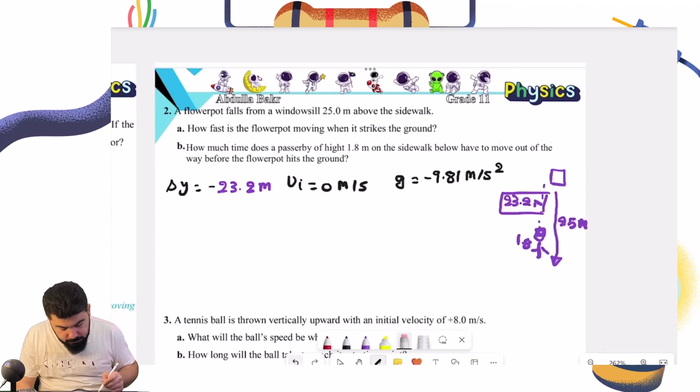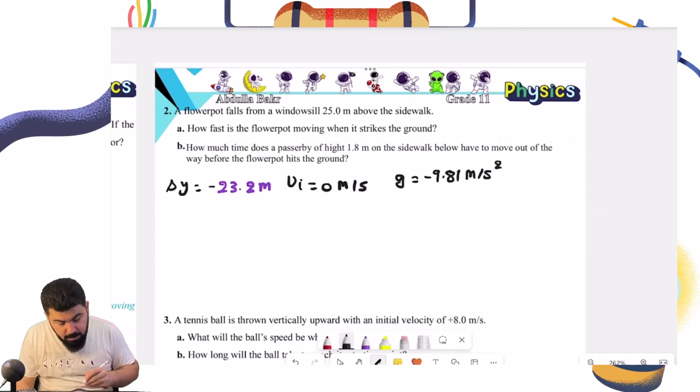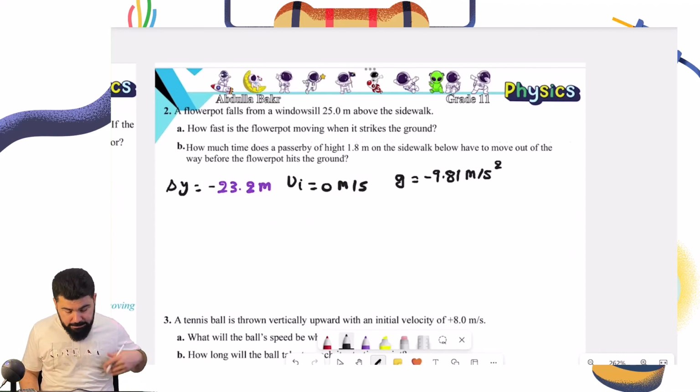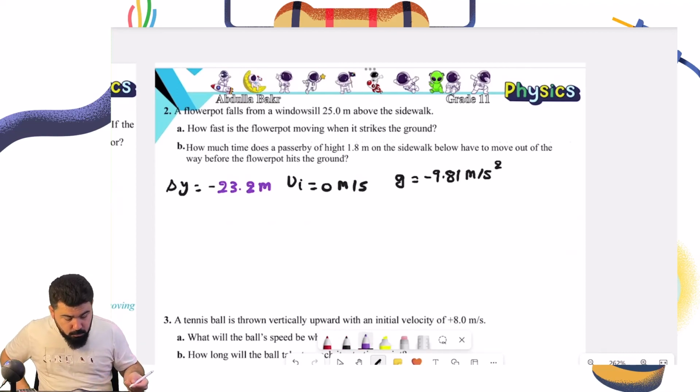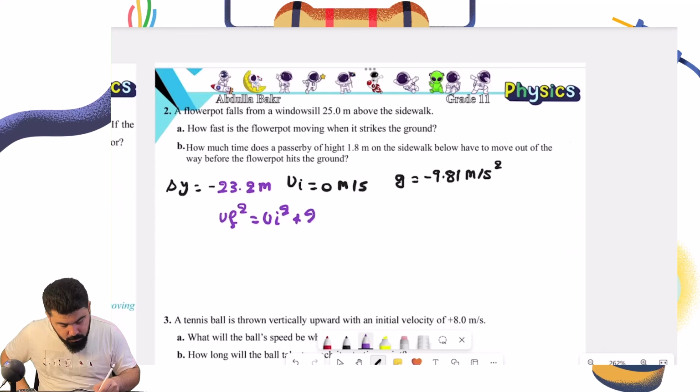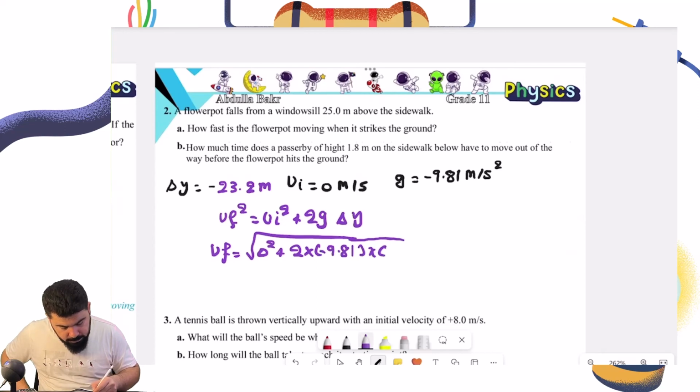Okay, now let's find the time it needs to be. We should first find V final. So V final squared is equal to V initial squared plus 2g delta y. V final is equal to the square root of 0 squared plus 2 times negative 9.81 times negative 23.2.